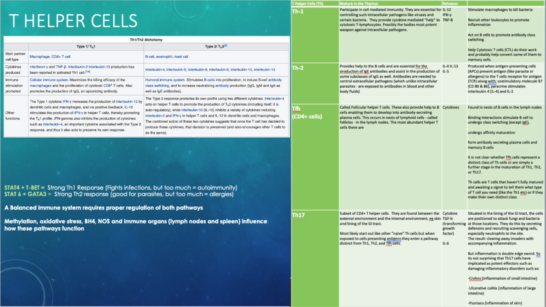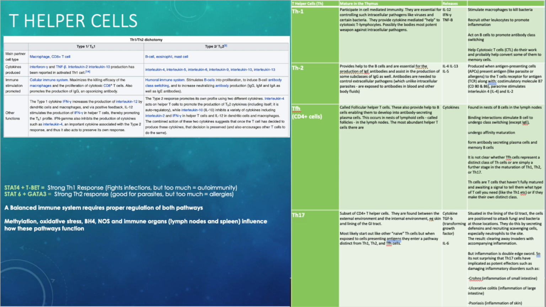Th17. These are a subset of CD4 plus T helper cells. They are found between the external environment and the internal environment, such as your skin and lining of the GI tract. They most likely start out like other naive Th cells, but when exposed to cells presenting antigens, they enter a pathway distinct from Th1, Th2, and follicular T helper cells.